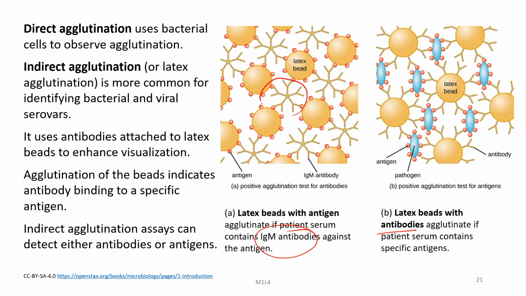So, these are the IgM antibodies, and these IgM antibodies will bind to different antigens on different latex beads and thereby agglutinate them. And in the case of latex beads with antibodies, you can see here they will agglutinate if patient serum contains specific antigens.